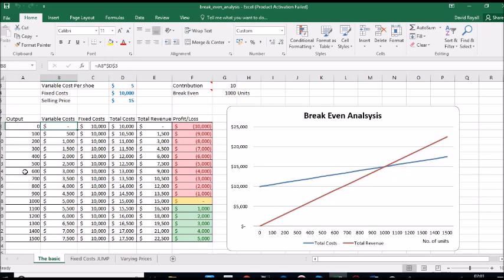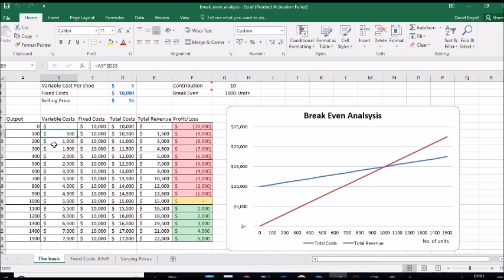So the variable costs, you can play around with the sheet, will be, now in this case if we look at the formula at the top here, it's A9, that's the output, times $D$3, the dollar anchors the cell, so this D3 is here.